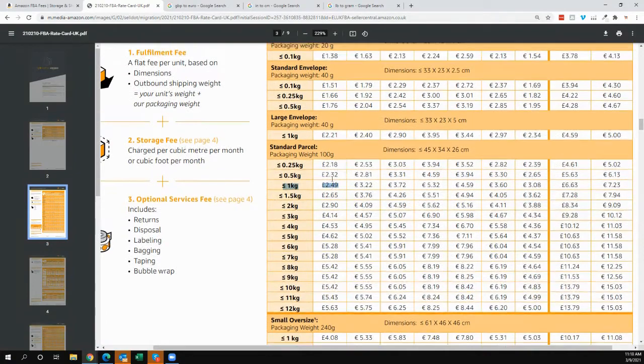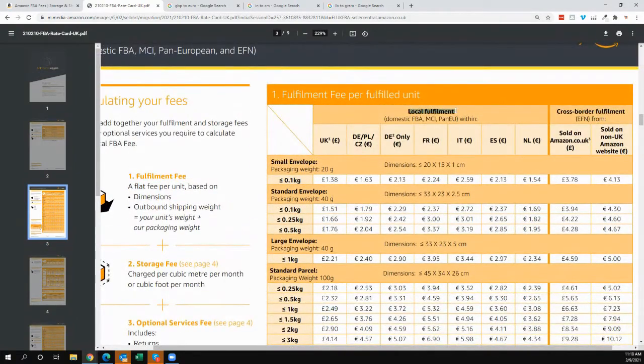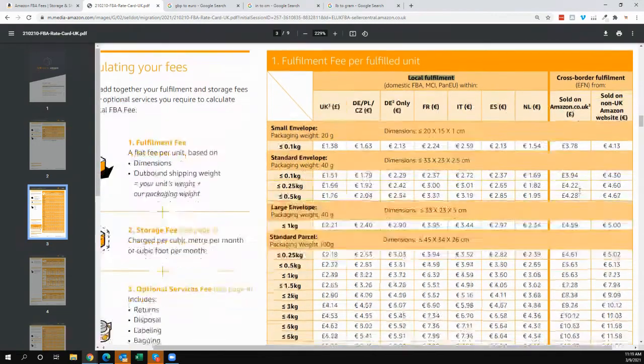If we are selling local fulfillment, that means I'm selling to customers within that country, and I'm storing in the country. So for example, if you're importing into the UK and storing in the UK, pretty much anymore there's no more cross-border fulfillment from the UK, so you can for the most part count this out.